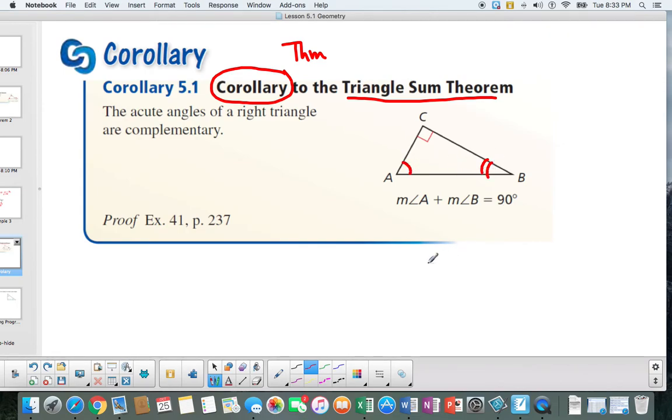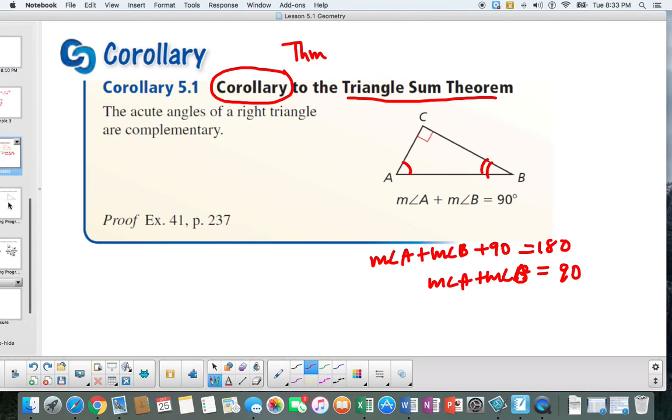And that kind of makes sense because the three angles, angle A plus angle B plus 90 is equal to 180. And if you use subtraction, you're going to get the two angles equaling 90. And that's why we call it a little theorem, because it got proved so quickly.